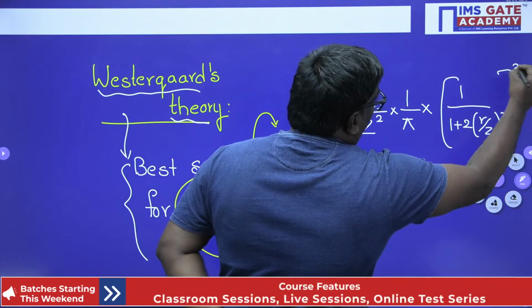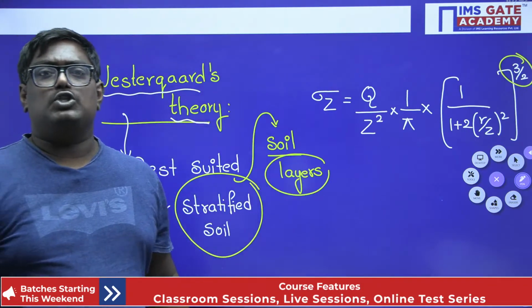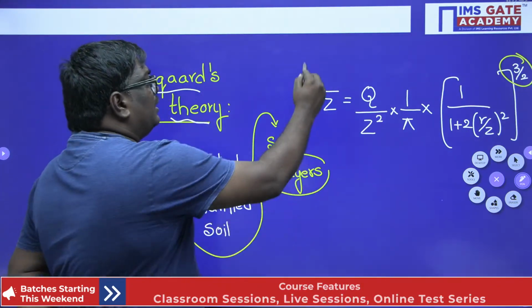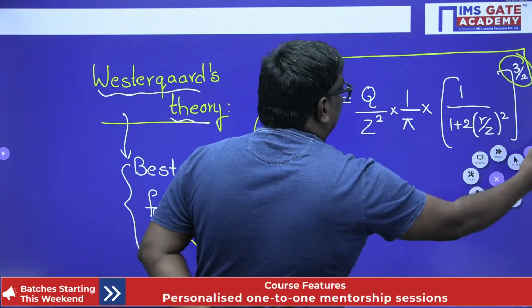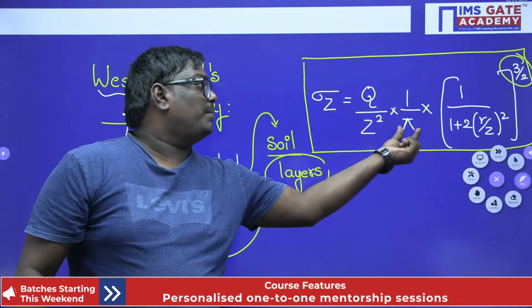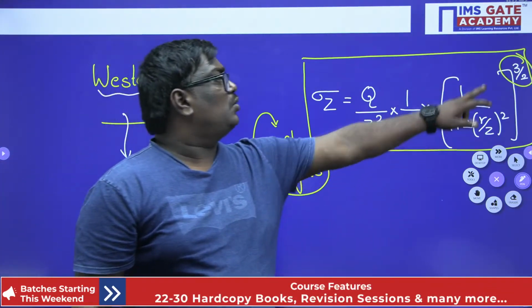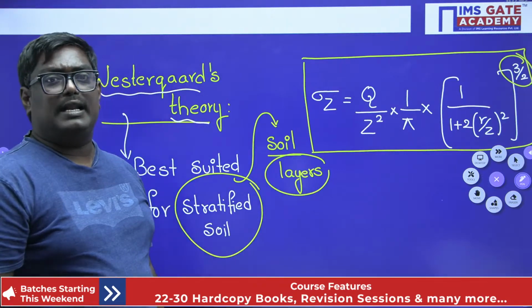This is important, my dear students. Here it is 3 by 2. When you talk about Boussinesq's theory, it is 5 by 2.